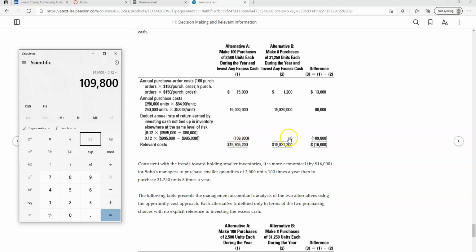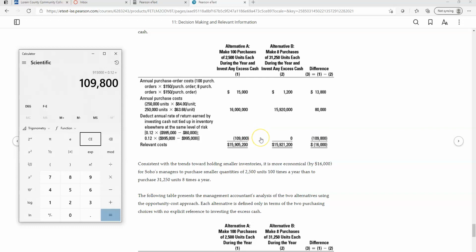Under alternative B, that $915,000 is tied up in inventory. So therefore, I cannot invest that $915,000, and I'm not going to get any investment income from cash not tied up in inventory. So the difference between the two alternatives is $109,800.